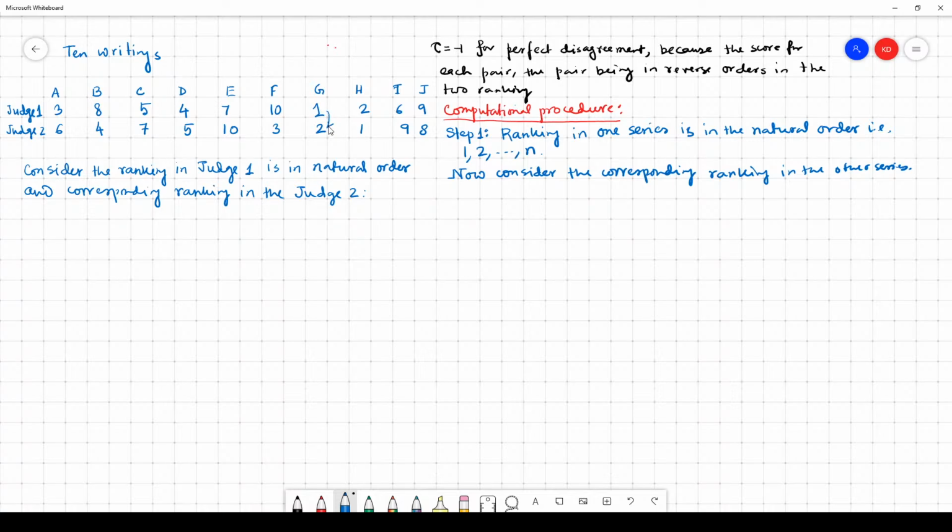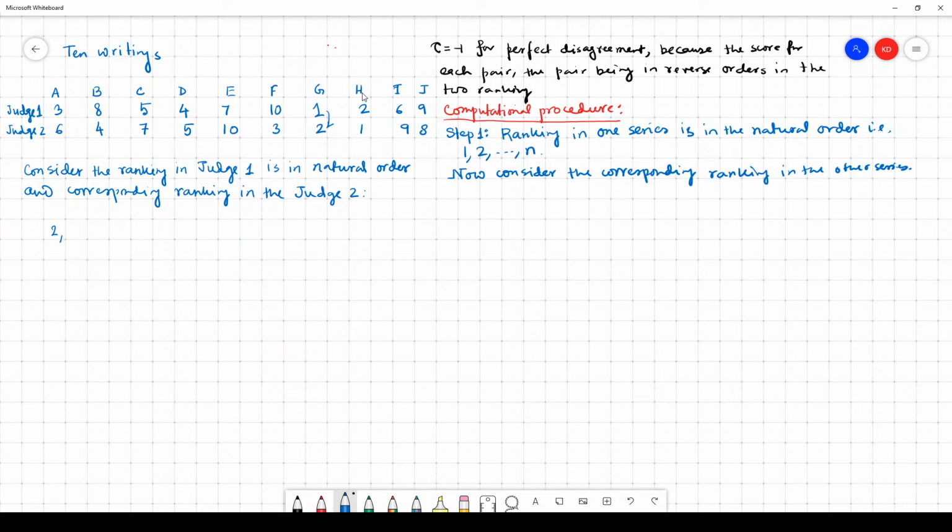So I write this 2. This 2 means the rank of judge 2 for the individual whose rank is 1 for judge 1.